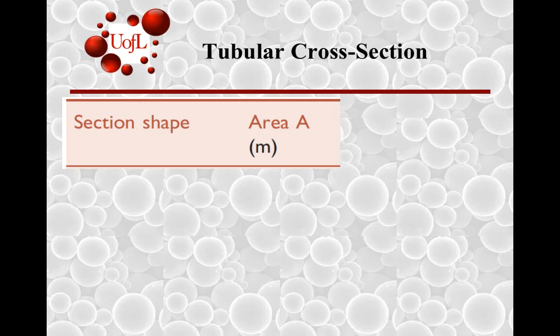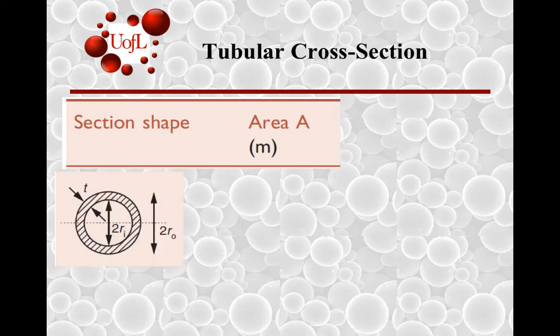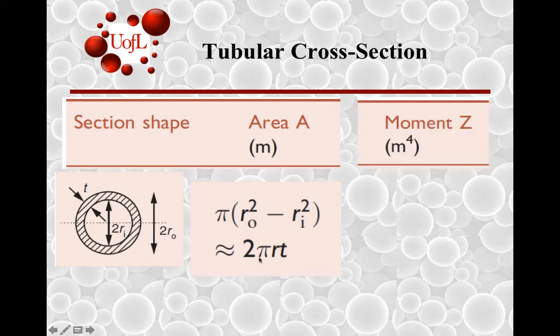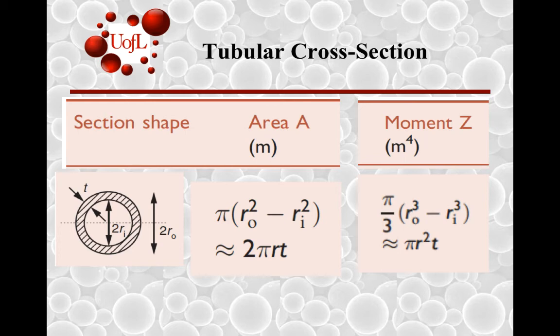If instead you take a tubular cross section of outer radius r0 and inner radius ri, thickness t, and the thickness being very small relative to the radii, you can approximate the area, as we have seen, as 2 pi r times t. The moment Z from table 9.2 is, as an approximation, pi r squared times t, when r is very much bigger than t.